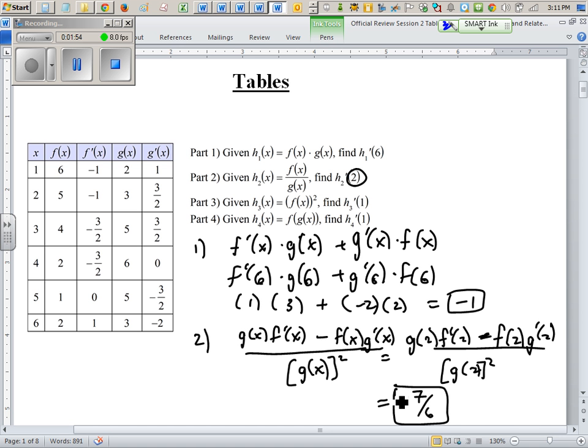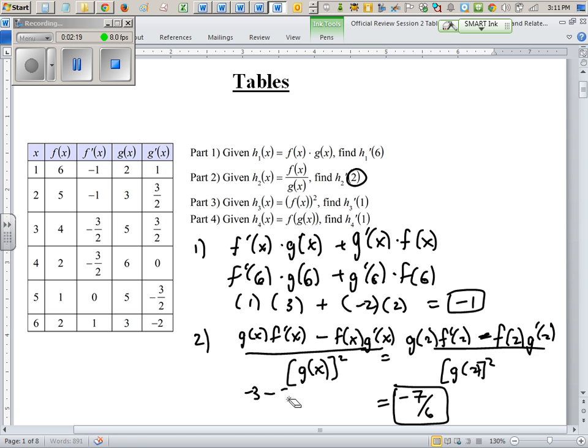Anyone else get that? You have to plug in g of 2 times f prime of 2. So that's negative 3. Then you have to do f of 2 times g prime of 2, which is basically 5 times 3 halves. 5 times 3 halves is 15 halves.